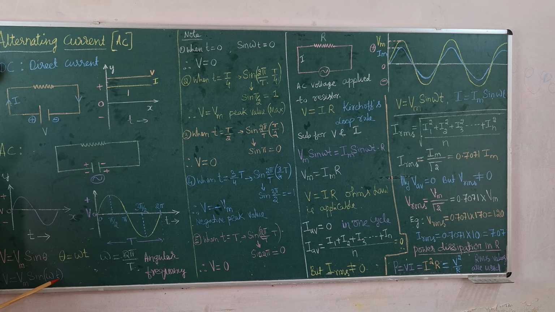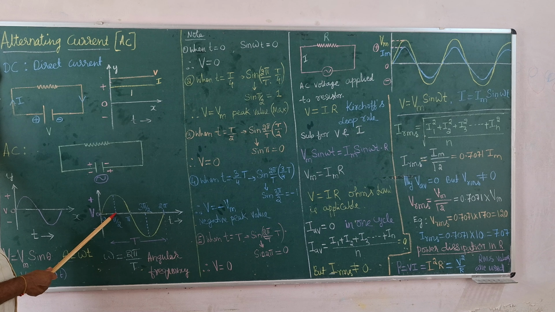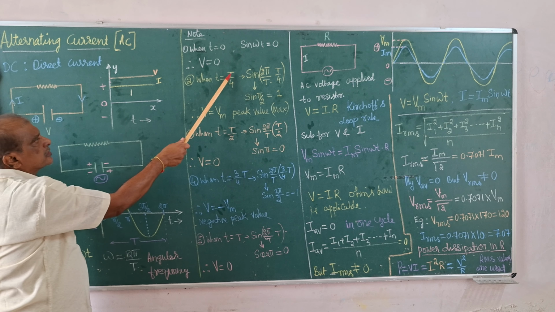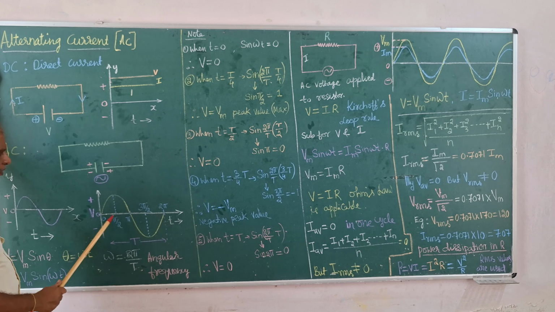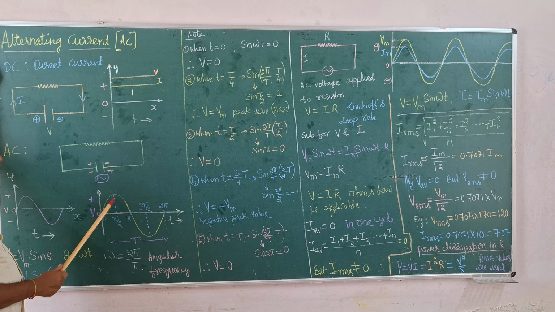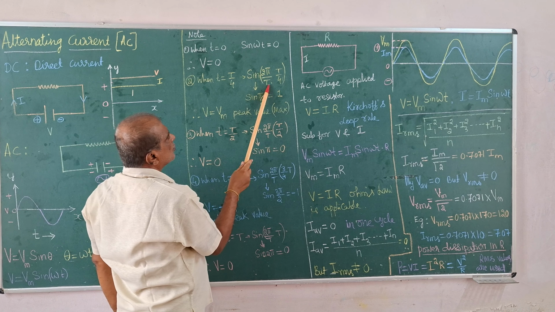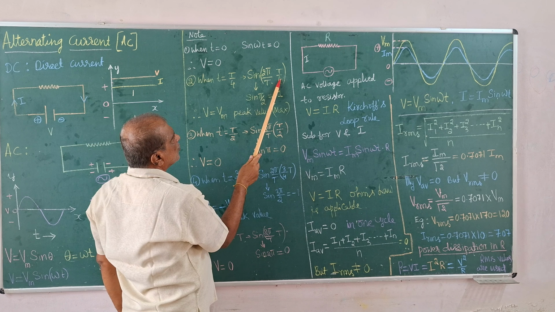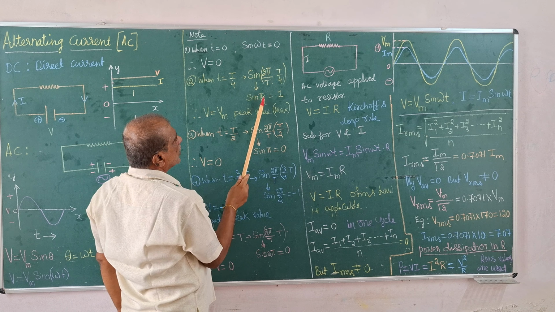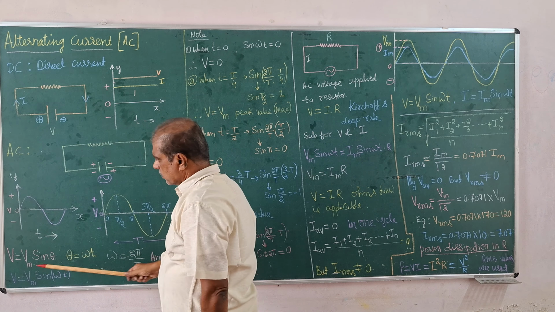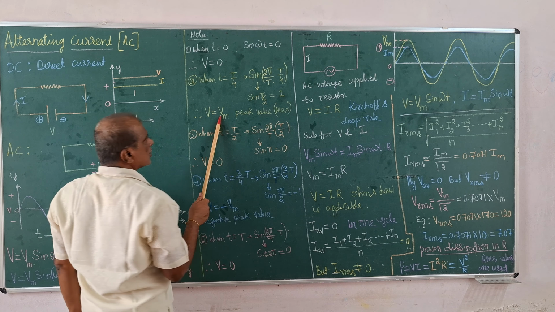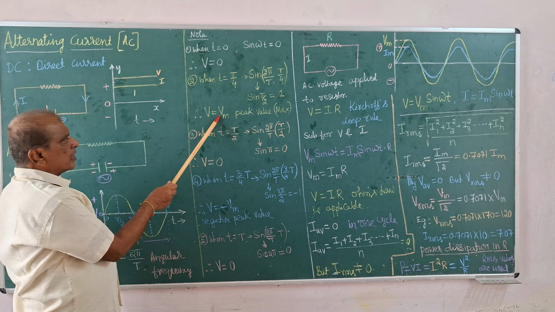Let me take this point and calculate the voltage and sine of the angle. That is when t equals T by 4, 1/4 of T. Write it into the equation, sin of omega t, with omega equals 2 pi by T, and t equals T by 4. Simplify and you get pi by 2. Sin pi by 2 is 1. 1 into Vm is Vm. That is the peak value, the maximum value.